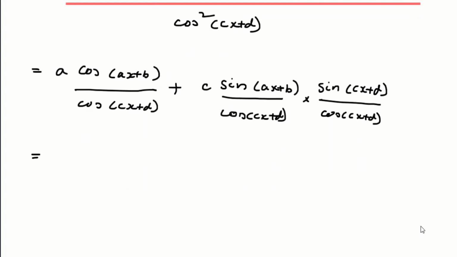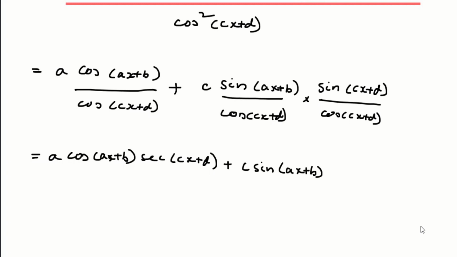That's all. So it is a cos ax plus b, and this denominator cos comes to the numerator as secant cx plus d, plus c sine ax plus b. This is sine by cos, which is tan cx plus d.